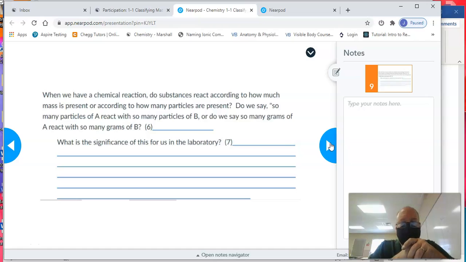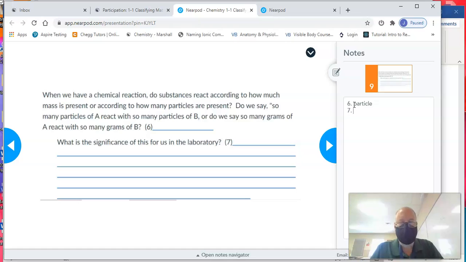If you think about chemical equations that you've seen, we're asking about how many particles are reacting. We would say 2 particles of hydrogen react with 1 particle of oxygen to form 2 particles of water. We don't say so many grams of hydrogen react with so many grams of oxygen to give so many grams of water. We say numbers of particles, right? So we're going to say particles.